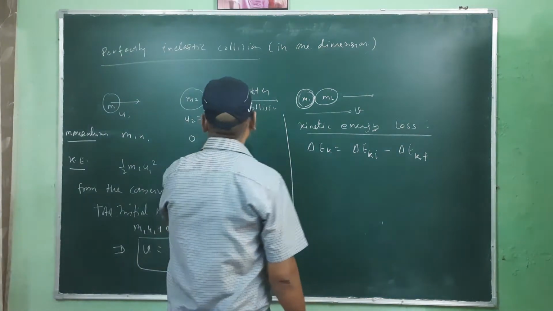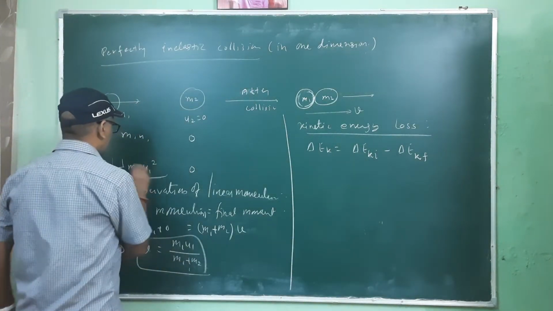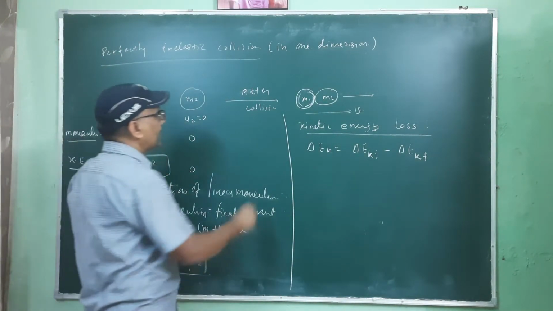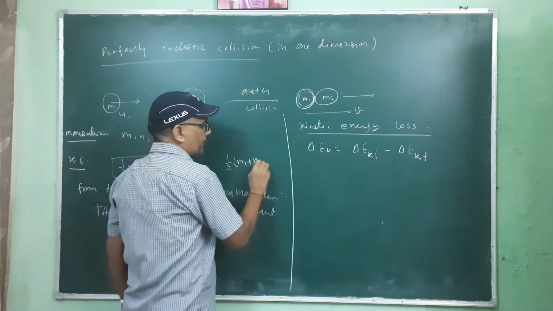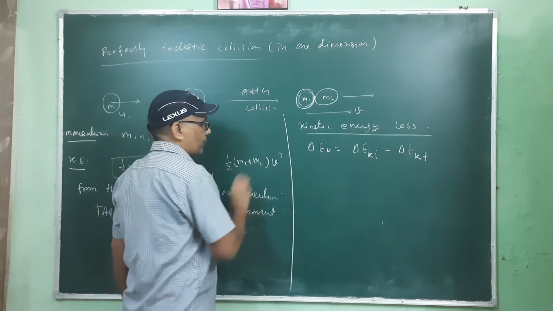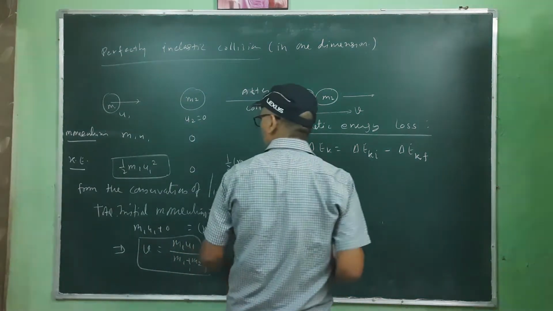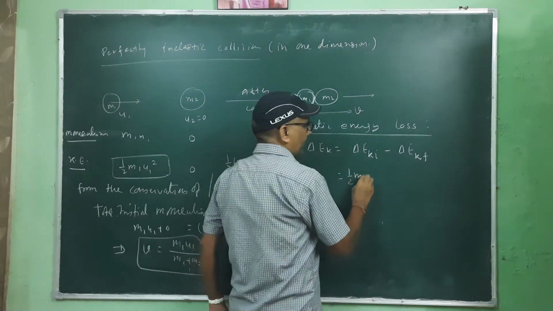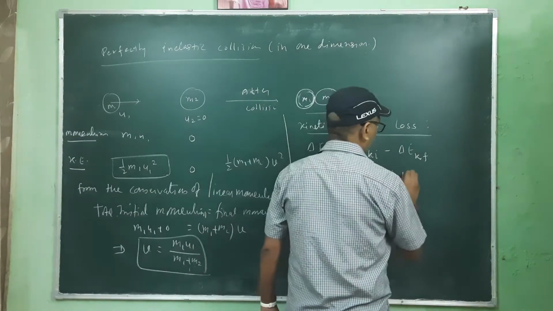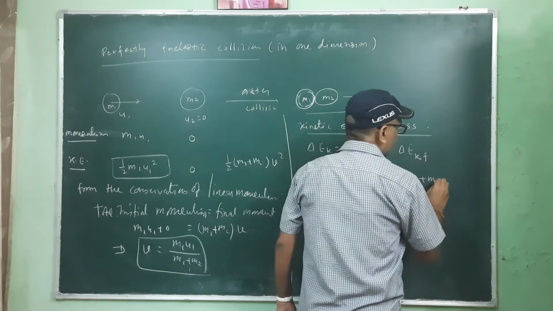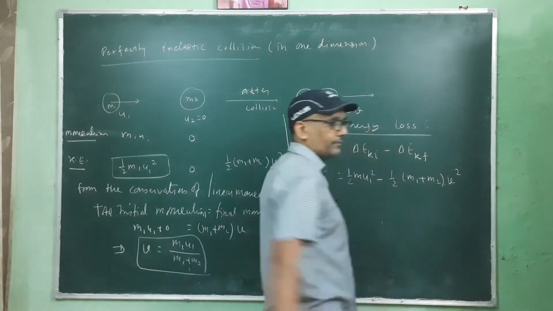And that initial kinetic energy is this, and the final kinetic energy is half m1 plus m2 multiplied by v square. So this is equal to half m u square minus half m1 plus m2 multiplied by v square.